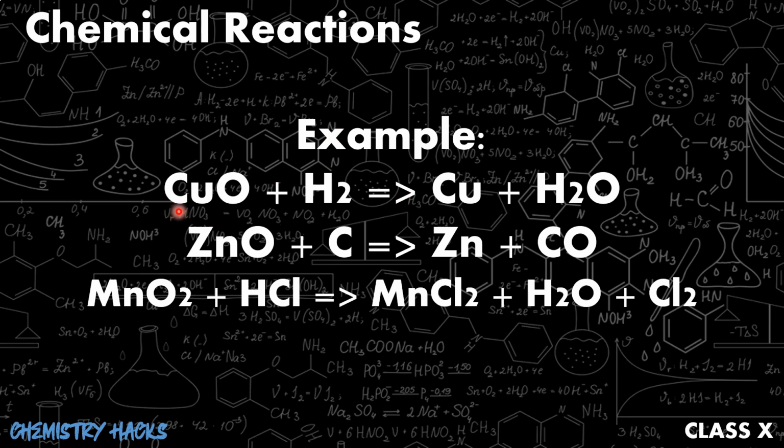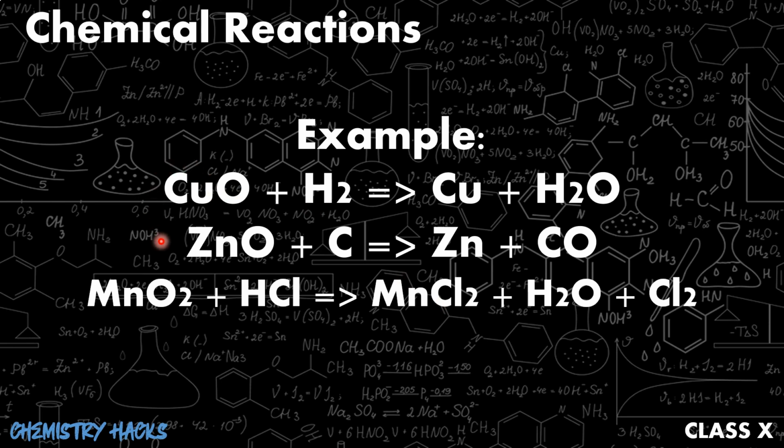So let's look at a few examples. Copper oxide plus hydrogen produces copper plus water, H2O. Zinc oxide plus carbon gives rise to zinc plus carbon dioxide. And finally, manganese oxide plus hydrochloric acid gives rise to manganese chloride plus water plus chlorine.